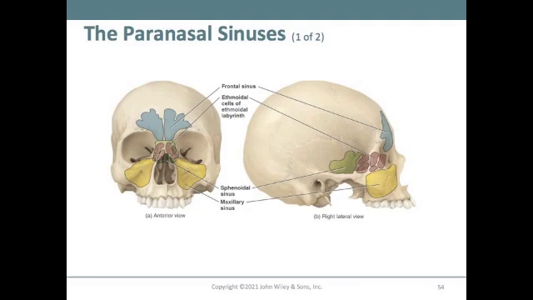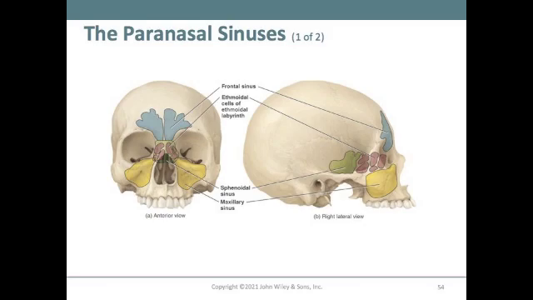So here's an example of the paranasal sinuses. Remember we were talking about the sphenoid, and here's the maxillary sinus. Another thing I should say now is that when you see the sphenoidal sinus, they name it that way on purpose. The sphenoidal sinus is associated with the sphenoid, and the ethmoidal cells of the ethmoidal labyrinth are related to the ethmoid bone.